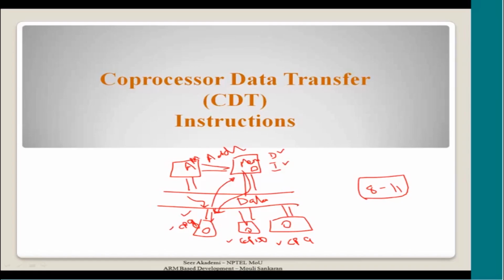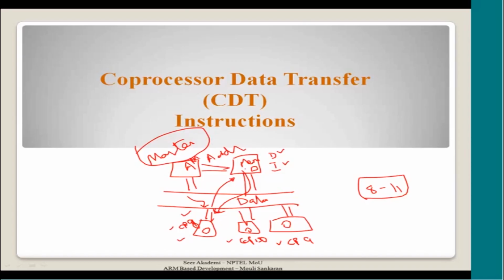But I told you that the coprocessors are not connected to the address bus and they cannot generate addresses. The master is ARM, and only ARM can generate the address and only ARM can access the memory. In that case, what happens? The coprocessors will not be able to have any of their data in the memory, correct?